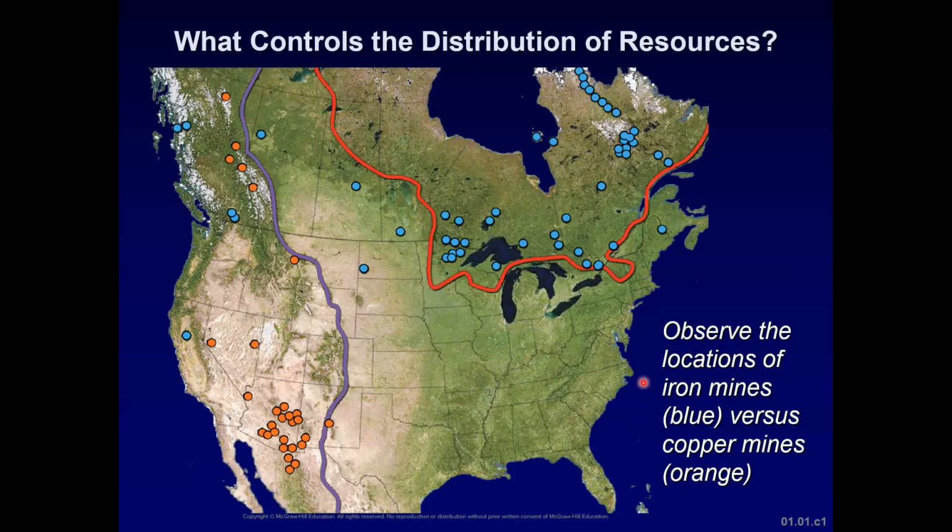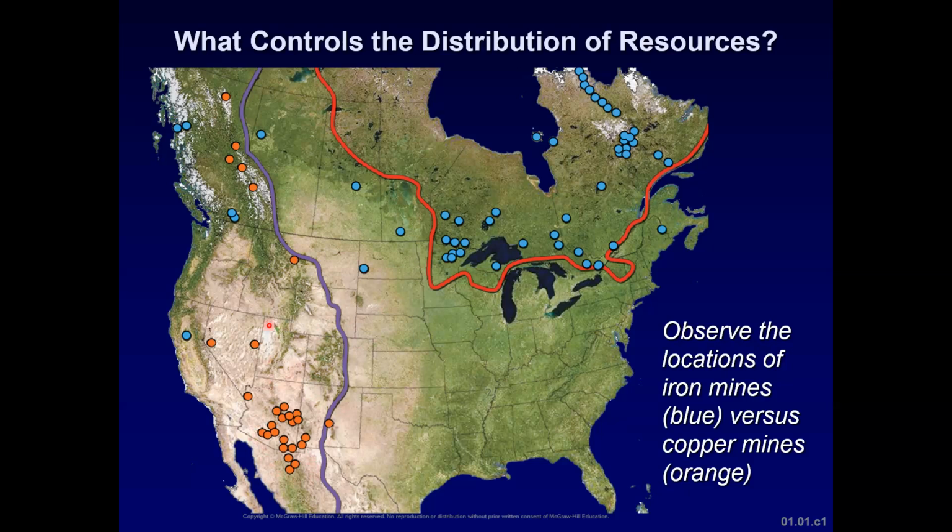Let's think about natural resources in terms of stuff that's mined and used in our societies. So this diagram is showing you locations of iron mines in blue versus copper mines in orange. And we're missing the UP copper mines. That's all right. I'll just point out that, yeah, there is a copper mine here.